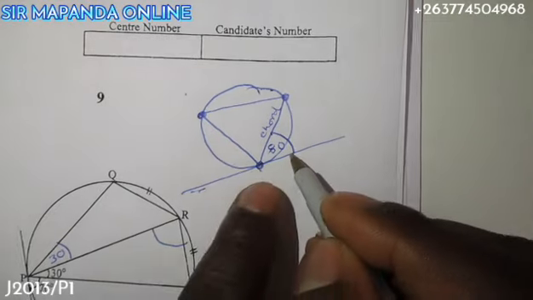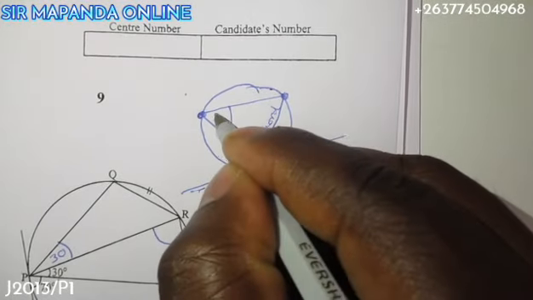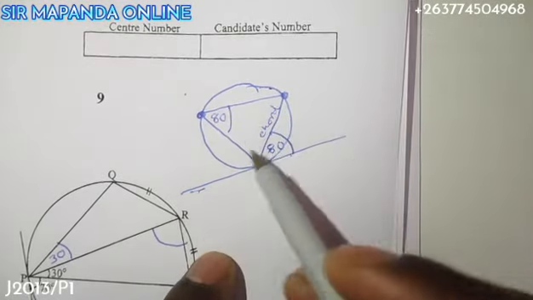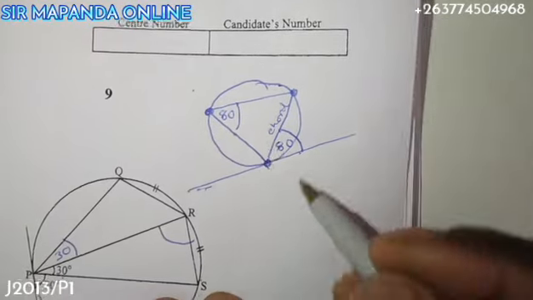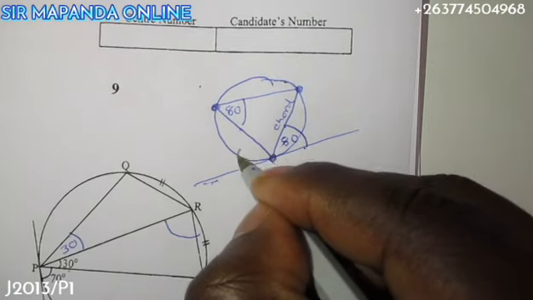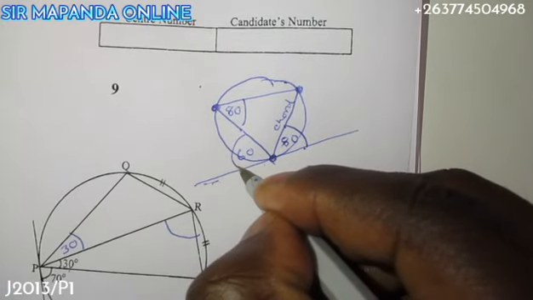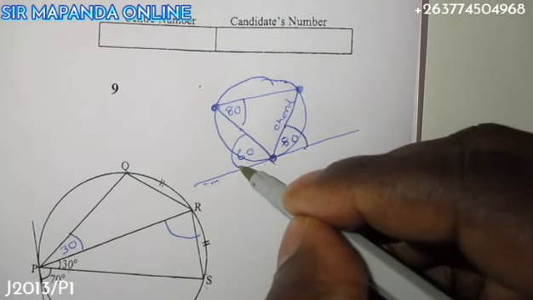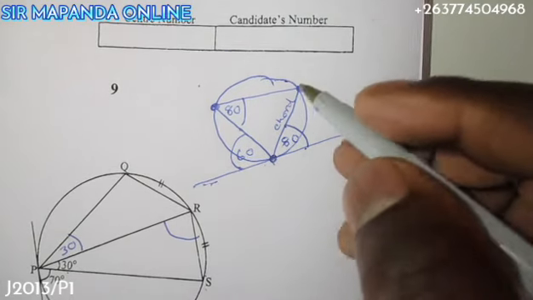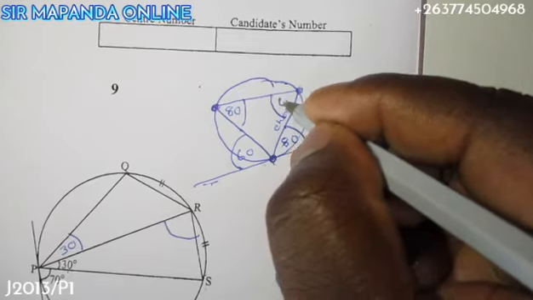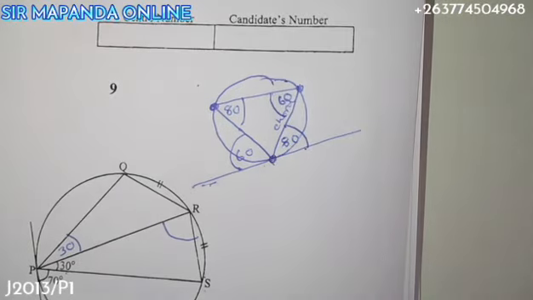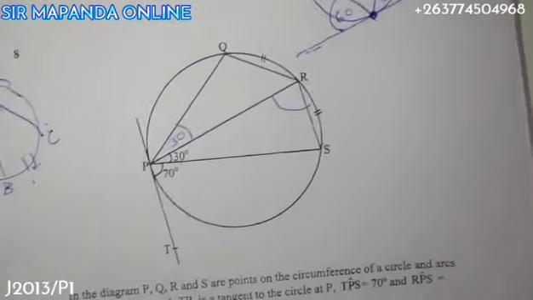Right? So we are saying if this is 80 degrees, the opposite angle inside the triangle is also 80. If you have 60 degrees at this point, it means 60 degrees is equivalent to the opposite interior angle inside the cyclic triangle, which is also 60. So the same applies.